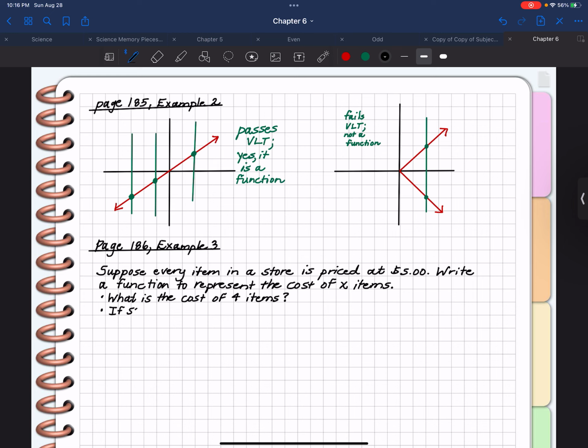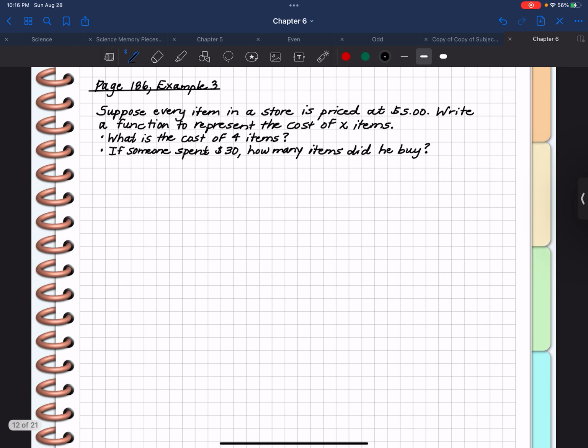If someone spent $30, how many items did he buy? So we've laid that theoretical foundation, but now we're being asked to solve a problem using that theoretical foundation. So let's take a look at the story and what we know.